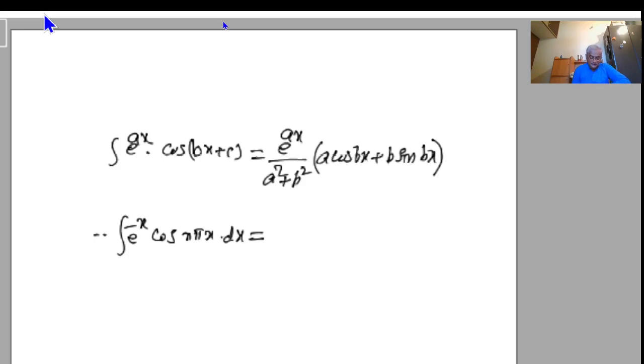So therefore its integration is e power of ax, meaning e power of minus x, divided by a square plus b square. a square, minus 1 square is 1, plus b square, n pi square, that is n square pi square, into a cos bx, where a is minus 1, cos n pi x, plus b sin bx, where b is n pi, sin of n pi x.